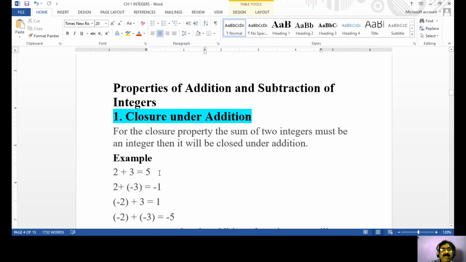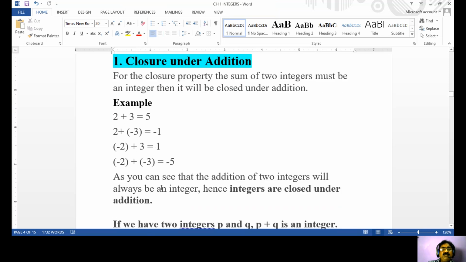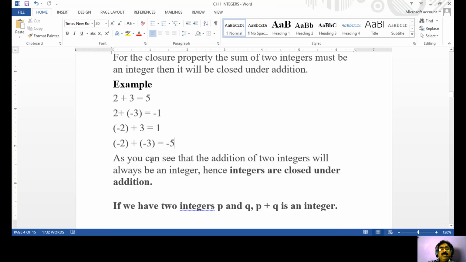So 2 plus 3 is equal to 5. 2 plus -3 is equal to -1. -2 plus 3 is equal to 1. -2 plus -3 is equal to -5. As you can see, the addition of two integers will always be an integer. Hence, integers are closed under addition.